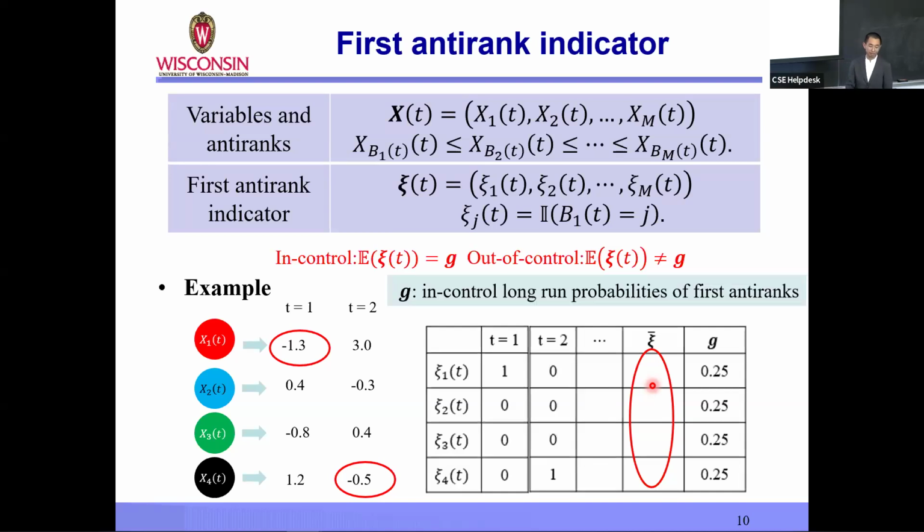So in practice, we can estimate the parameter G here based on the historical data. When the process is in control, the expectation of the indicator equals G. But when the process is out of control, the expectation will no longer be G.